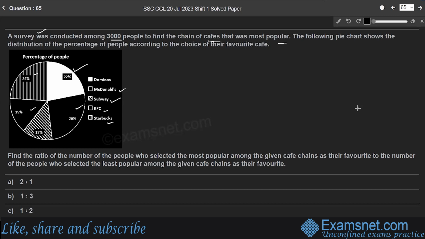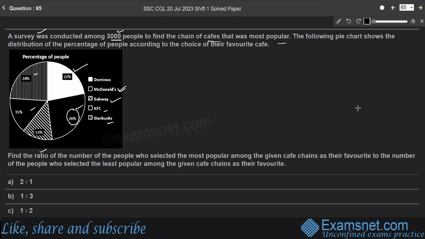So here the question is, find the ratio of the number of people who selected the most popular among the given cafe chains as their favorite to the number of people who selected the least popular among the given cafe chains as their favorite, right? Here, most popular cafe to least popular cafe, we need to calculate. The highest number of people is 26% of the total, so 26% of 3,000 people selected McDonald's.